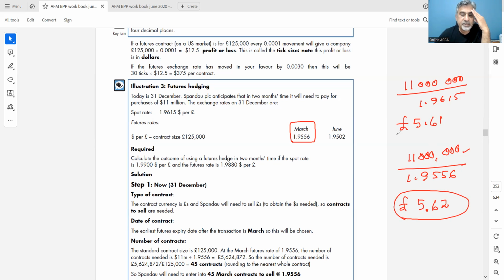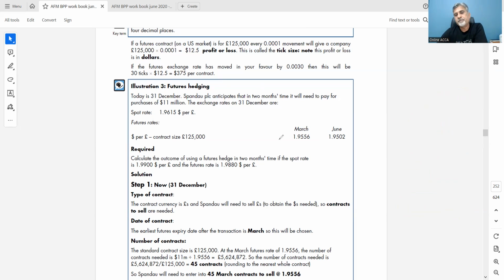If I don't enter into it, either I pay someone today, or if I am waiting for 3 months' time or 2 months' time, I would be needing more money. Instead of 5,610,000 sterlings, I would be needing 5,620,000 sterling. 100,000 sterlings I need more. So that is actually making me worried. So I say, okay, I need to go for a contract.